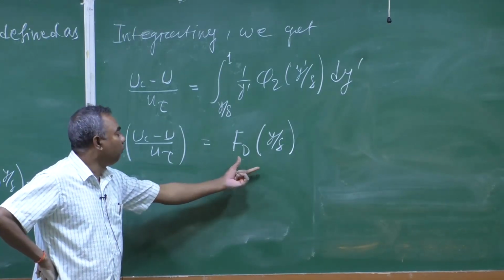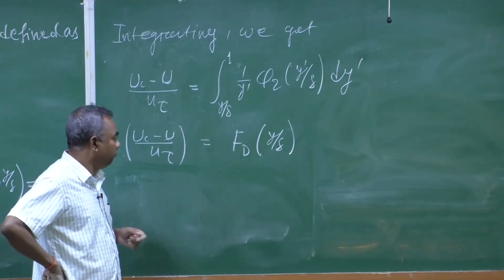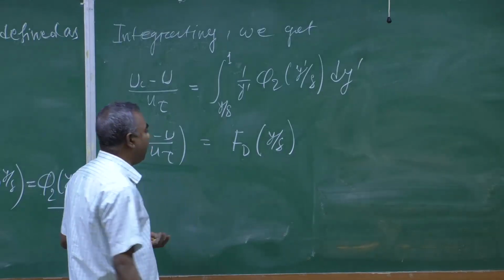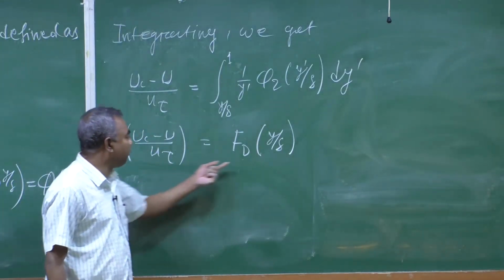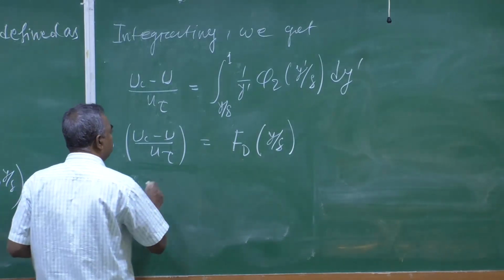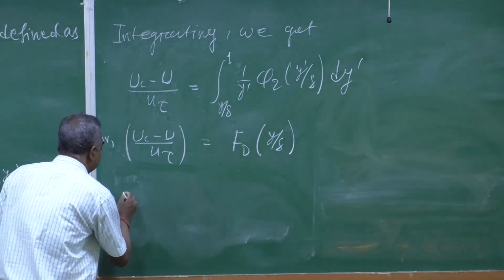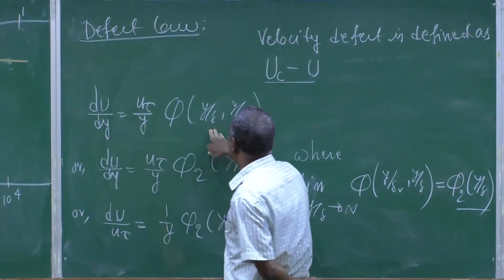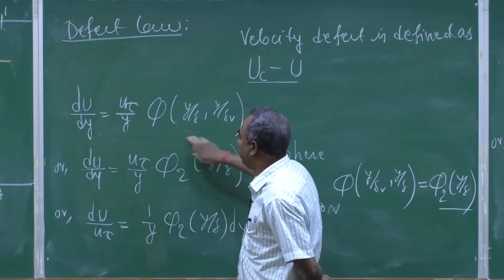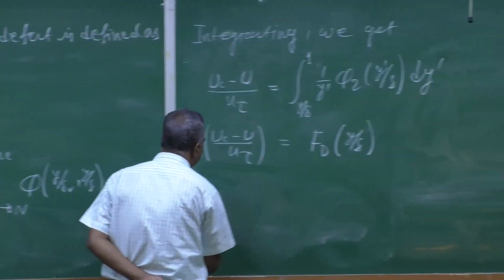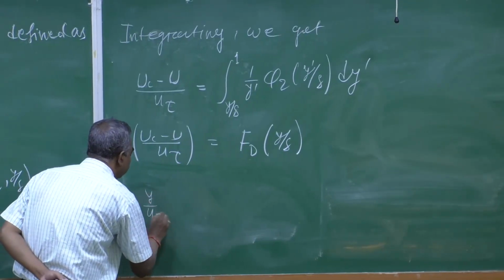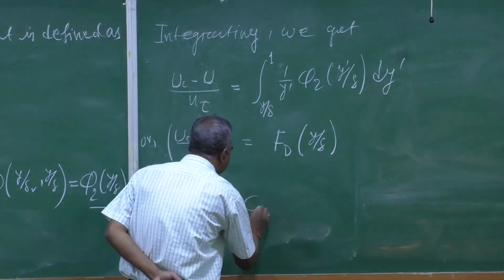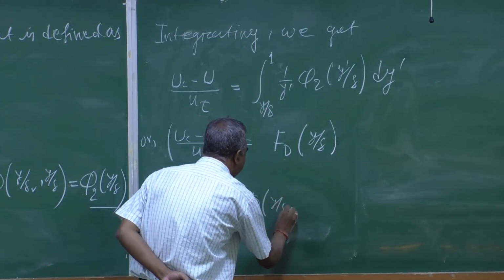That is what we can argue in this case. In the overlap layer, this functional form can be written as y by u tau du dy equals phi 1 of y by delta and v.